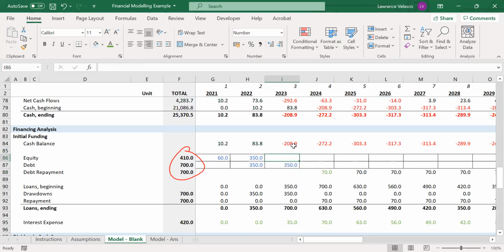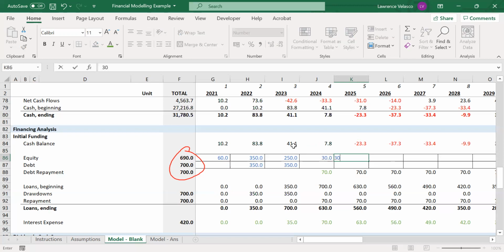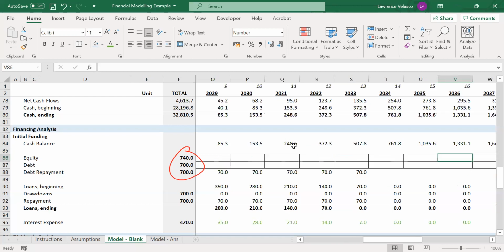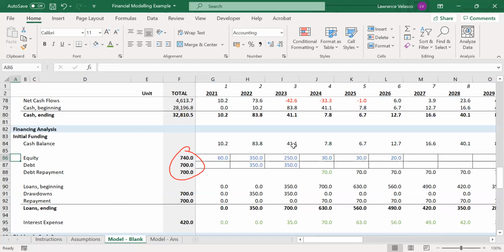So dito, infuse ako ng 250. Ay, kaso may negative pa. So infuse ako ng 30. Negative pa. Infuse ako ng 30 ulit. Negative pa. Infuse ako ng 20. 740. And from there, positive na lahat yung cash.